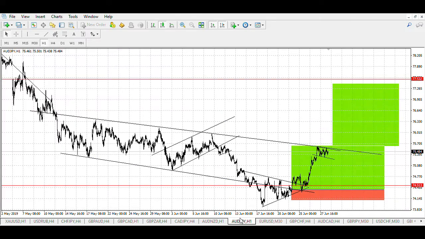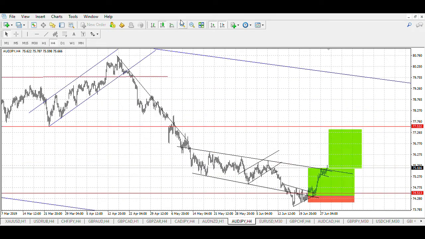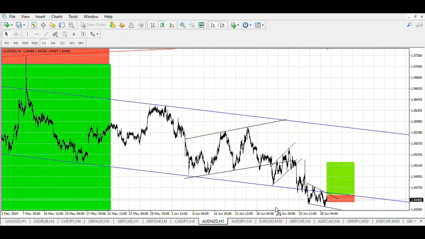The next pair, AUDJPY. I explained this, I think on Tuesday last week on our WhatsApp group. So pretty much this is what's happening right here.